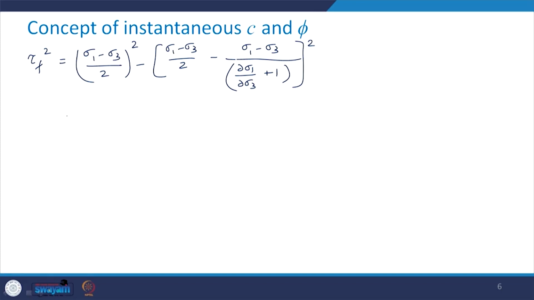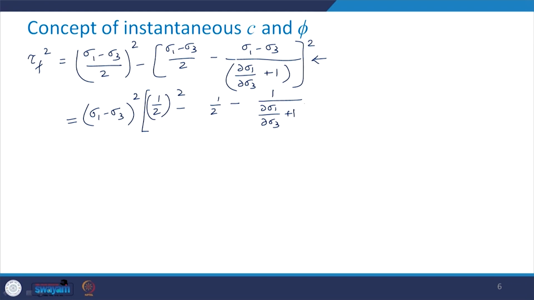So, you can write it further. You take out this (sigma 1 minus sigma 3) whole square as the common factor from the whole of this expression, and you are going to get half whole square minus (half minus 1/((del sigma 1/del sigma 3) plus 1)), this whole square.